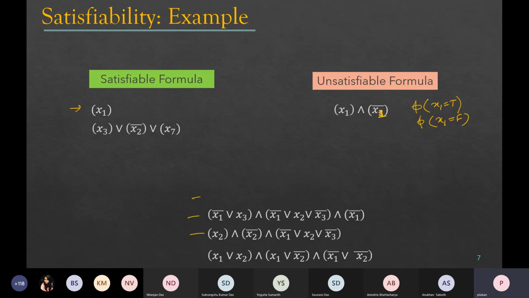So this is the slide you're talking about? Yes, sir. Here, the last formula, why is it unsatisfiable? If we assign x1 to be true and x2 to be false, then does it not satisfy?